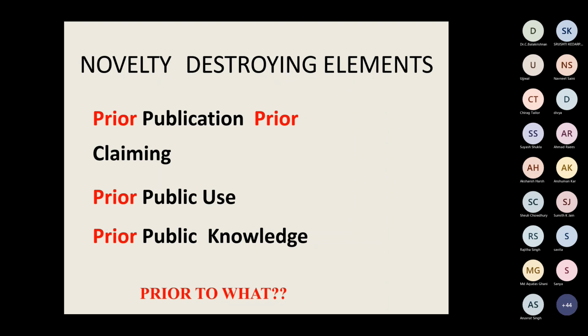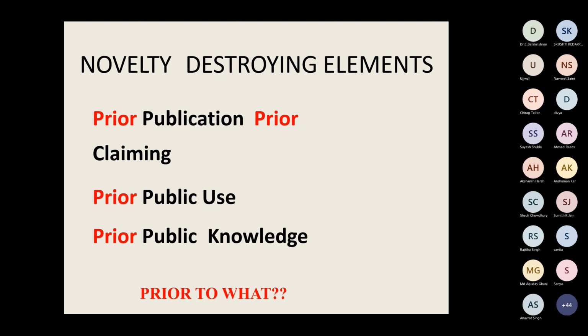So the publication which was made on 5th of December will not be considered, and your invention will be considered as novel. That is why we have used the word prior, and this prior is very, very important: it should be a prior publication, prior to your date of filing. The next is prior claiming.